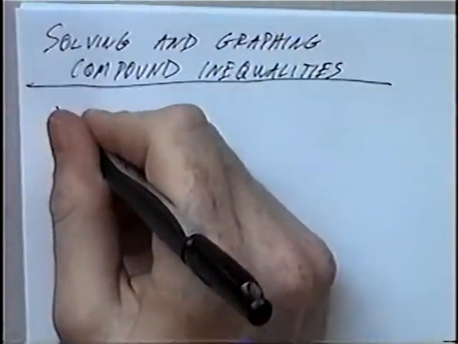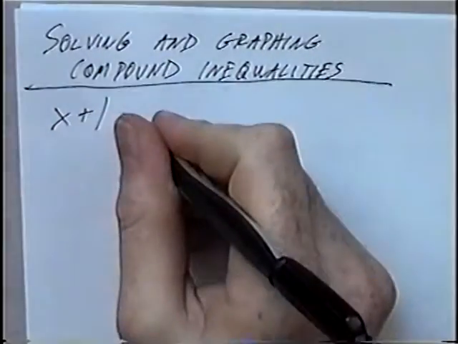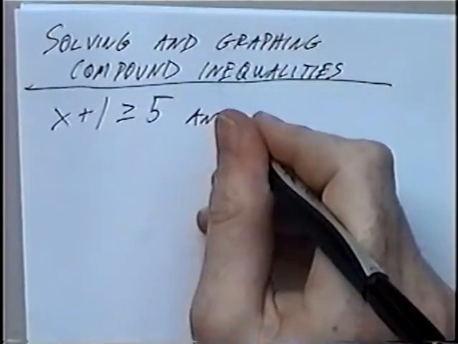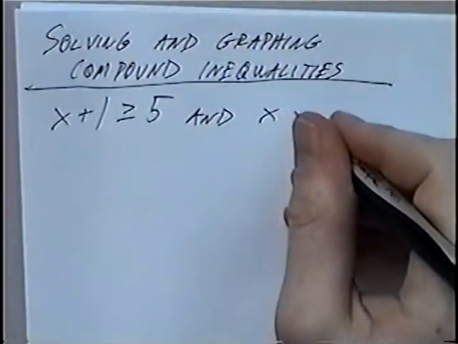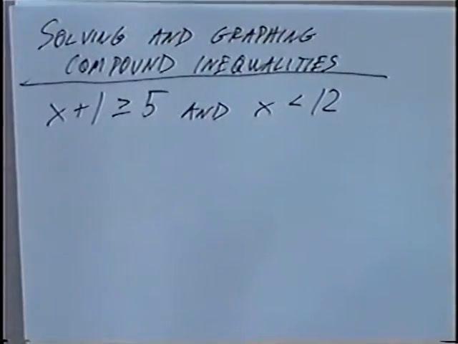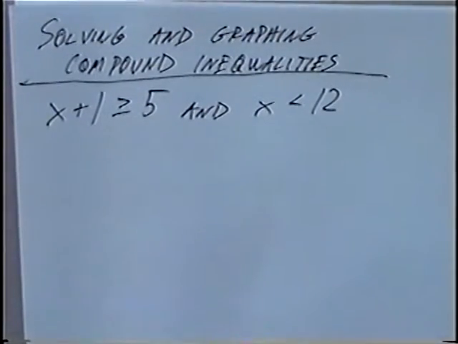First question, we have x plus 1 greater than or equal to 5 and x is less than 12. For this compound inequality, we'll solve each inequality and then graph both of them on a single number line.